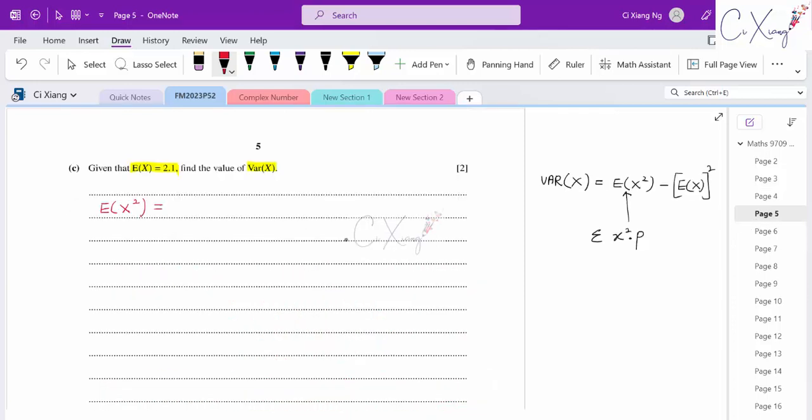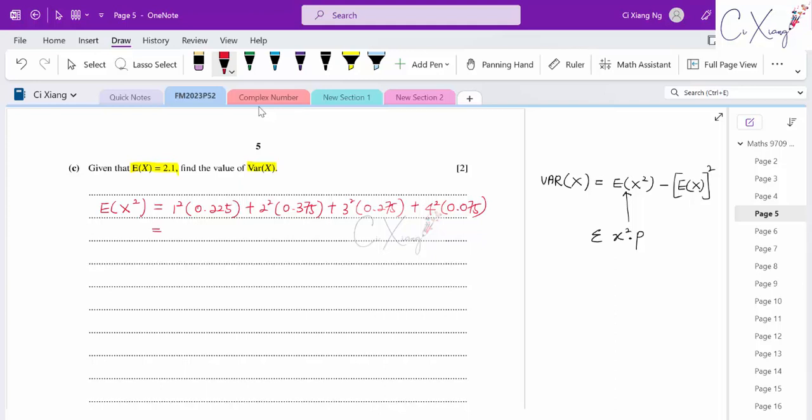If I write it out properly in steps, basically it will look something like this, where I start from x equals 1. So 1 squared multiplied with the probability 0.225. 2 squared multiplied with the probability 0.375. Then 3 squared with 0.275. 4 squared with 0.075.